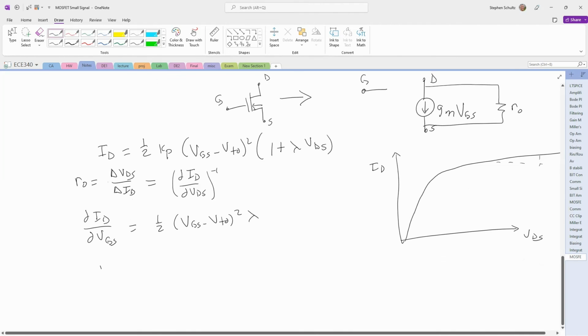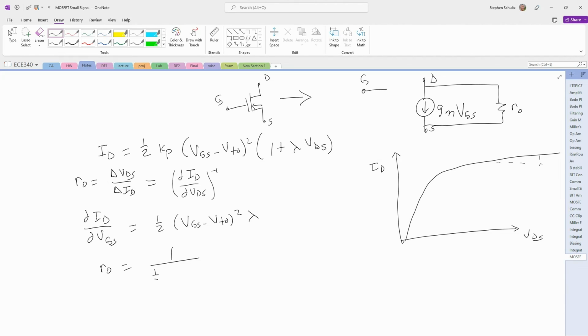And so now my RO is going to be 1 over 1/2 (VGS minus VTO) squared lambda, which is approximately equal to 1 over ID lambda. And this is equal to the RO.